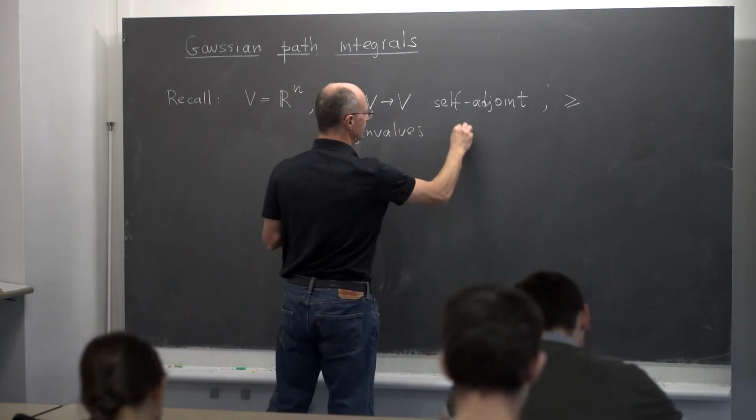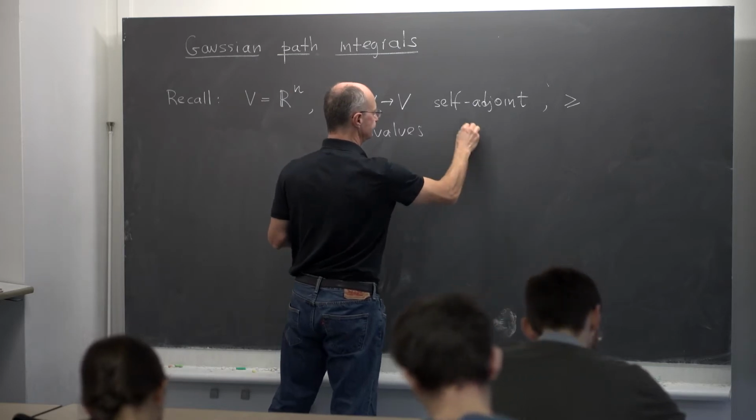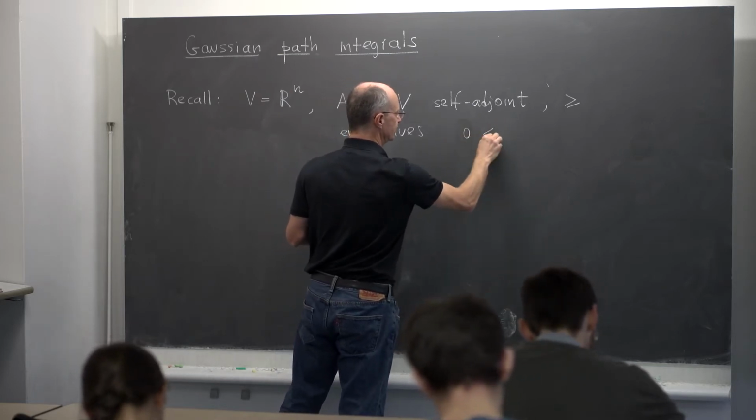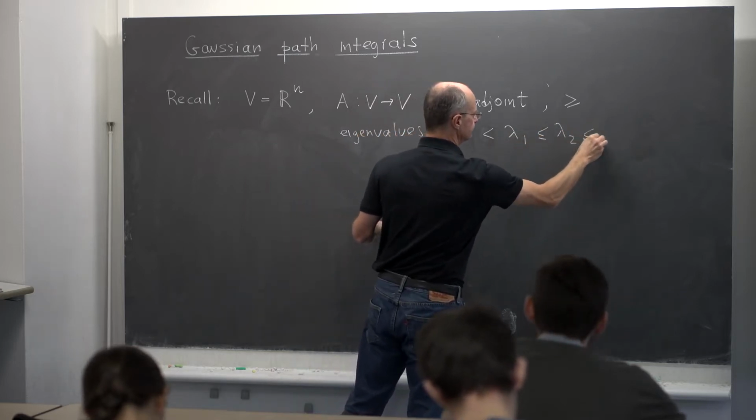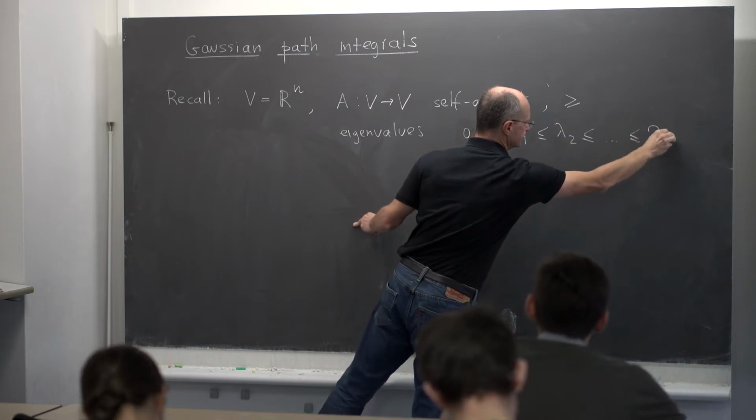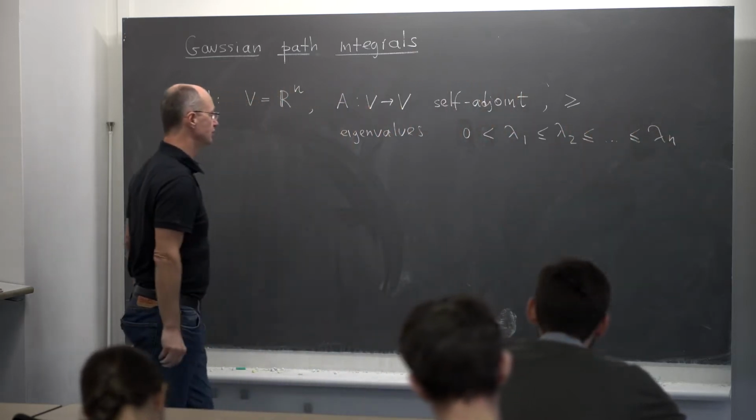So this means we can order the eigenvalues from lambda 1 to lambda n.